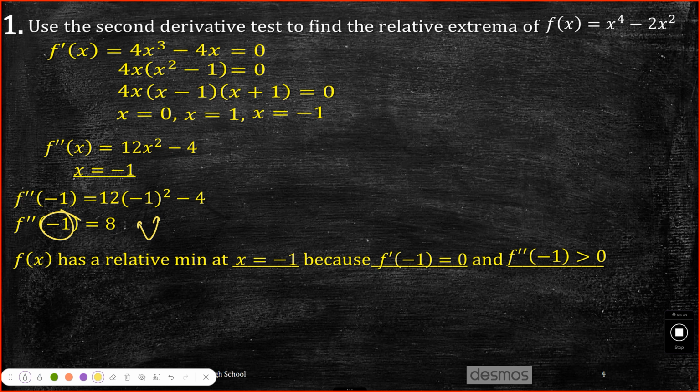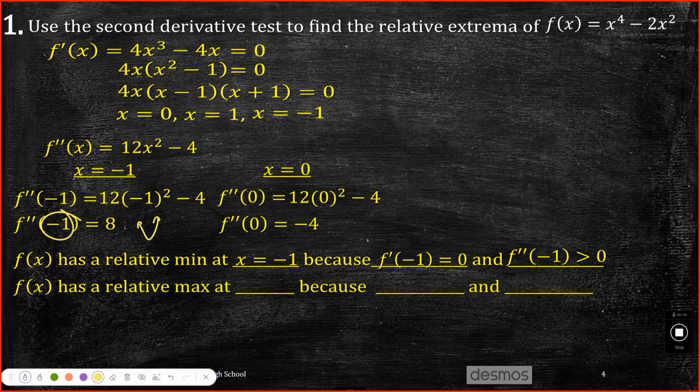I could have just used it for the other one that was the relative min as well. At x equal to 0, f has a relative max at x equal to 0 because f prime of x is 0 and f double prime is less than 0.